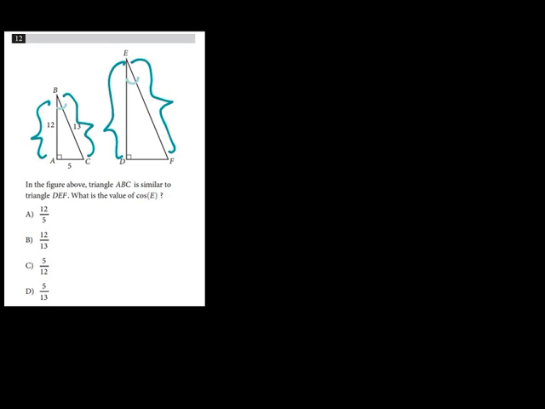For similar triangles, corresponding sides are proportional. So we know that AB over BC is equal to DE over EF. It would have the same ratio.